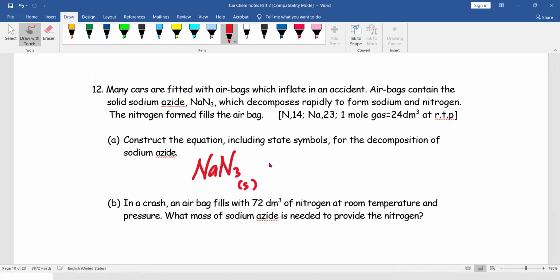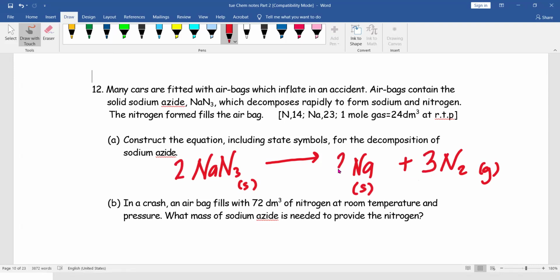Solid. It decomposes rapidly in an accident to form sodium and nitrogen. And sodium is a solid. Nitrogen is a, okay, how to balance this equation? This one you must use 3, 2, 2. Get it?